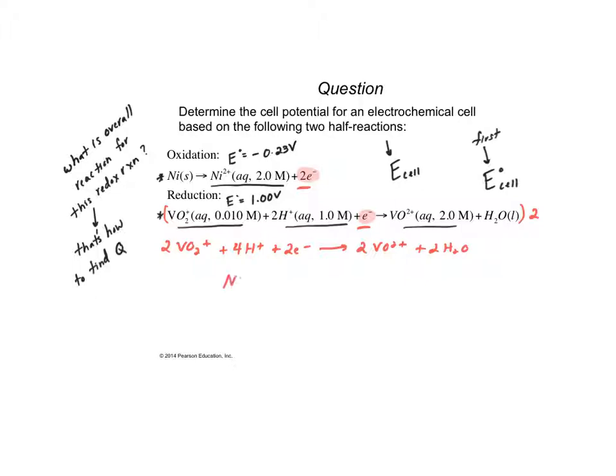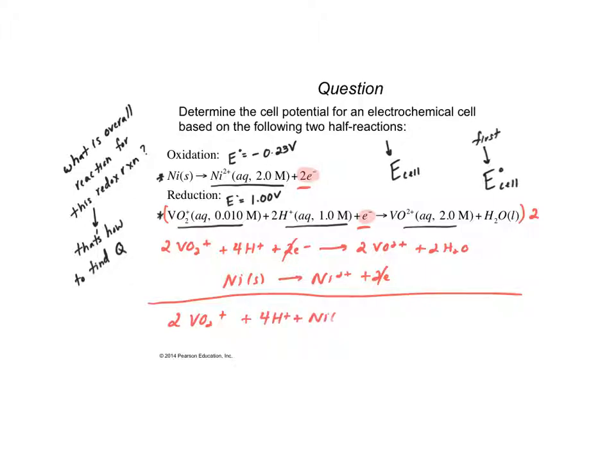Then I would combine that with the nickel going to nickel 2+ plus 2 electrons. This would be the overall reaction that Q would be based off of, which is 2 VO2+ plus 4 protons plus nickel solid going to nickel 2+ plus 2 VO2+ plus 2 H2O, and water is a liquid. Okay, so Q would be coming from this.